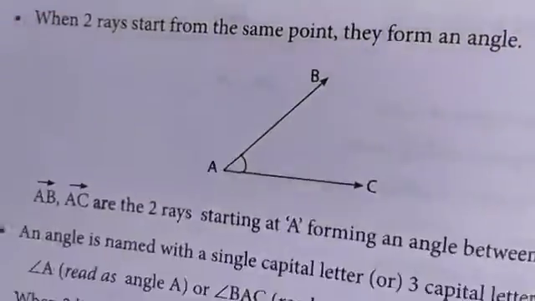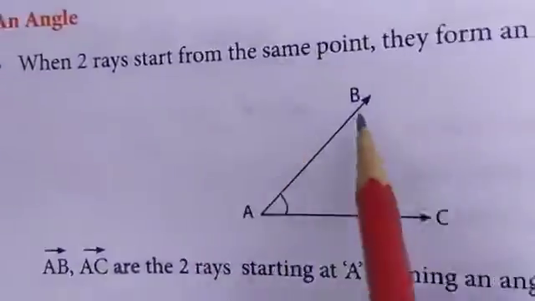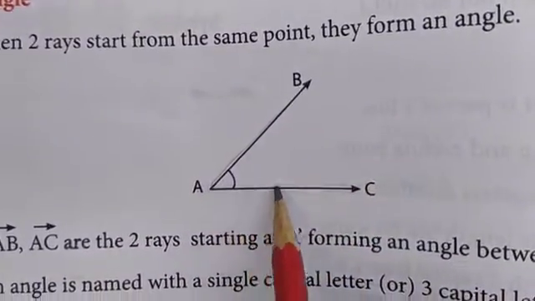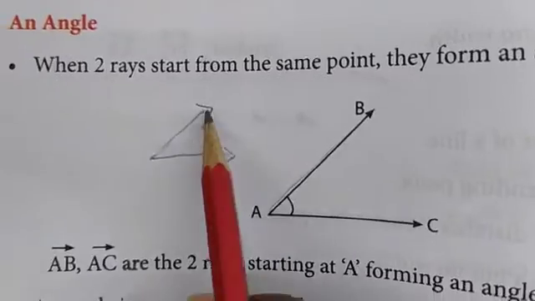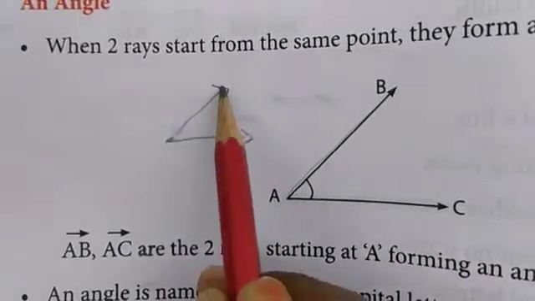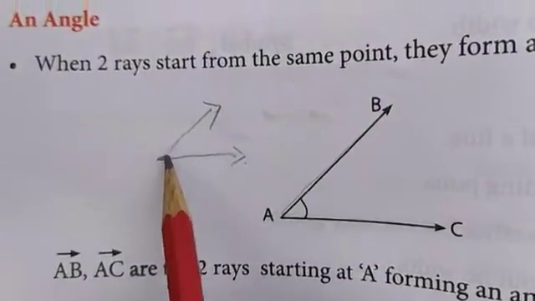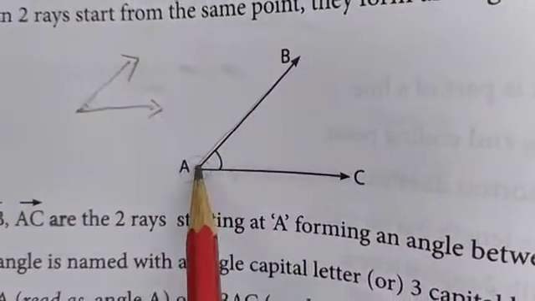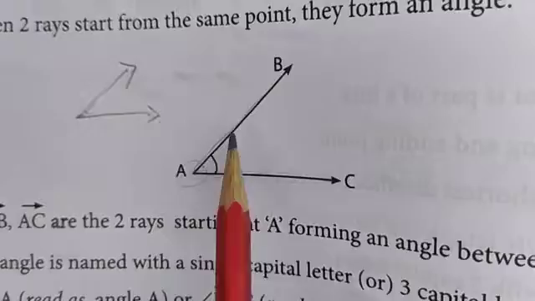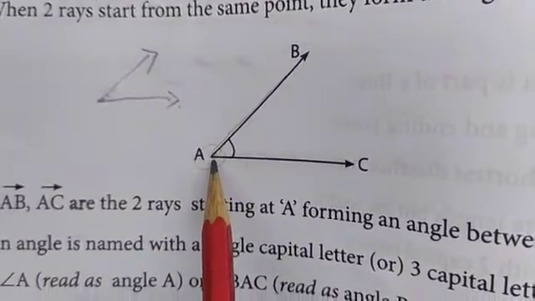Okay, now about angles. See, this is one ray and this is one ray. When two rays meet, the meeting point of the rays is called an angle. These two rays meet here at the center point, and this is called the angle.